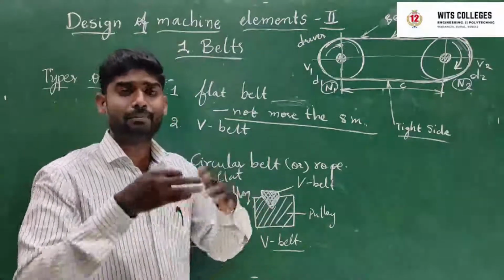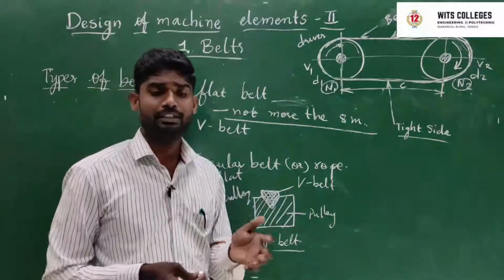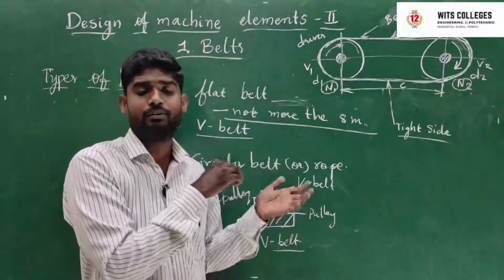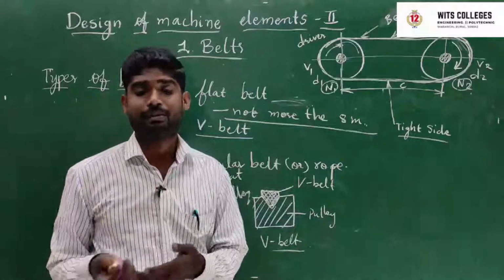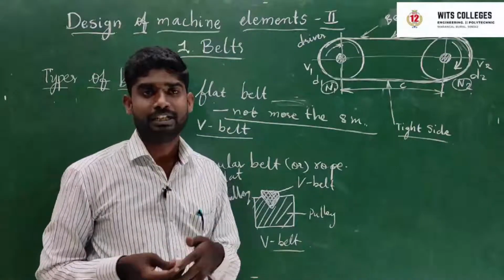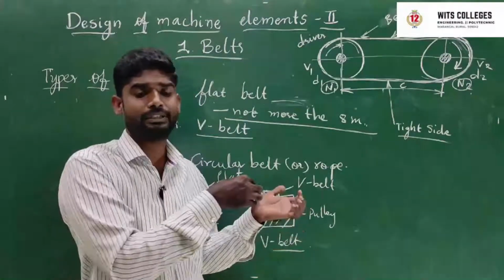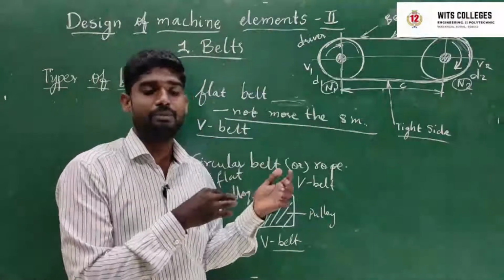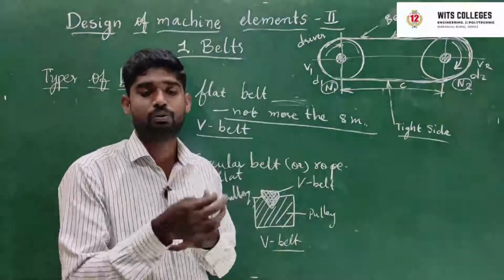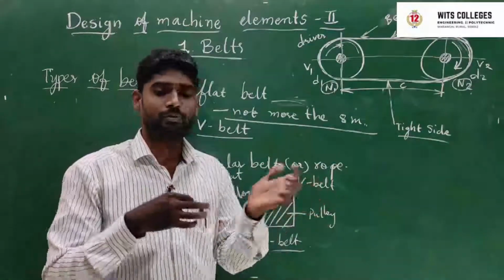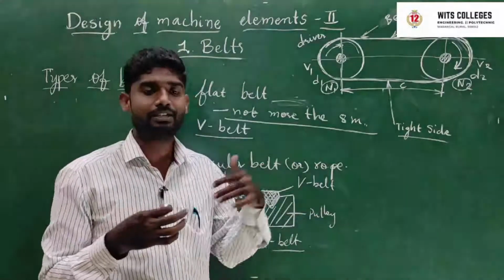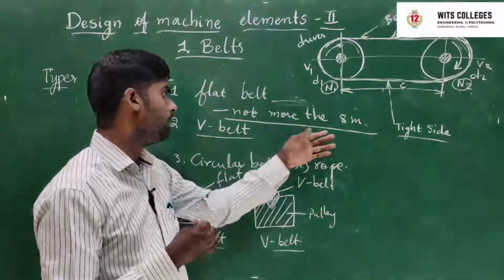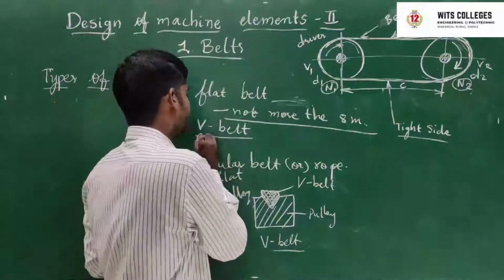The V belt is mostly used in factories and workshops where a great amount of power is to be transmitted, above 8 meters, from one shaft to another shaft. Above 8 meters we are using V belts.